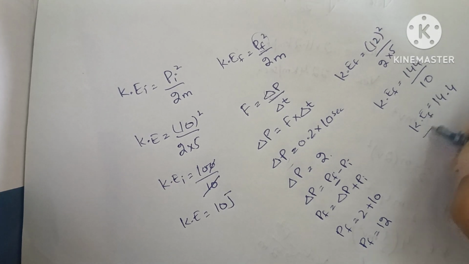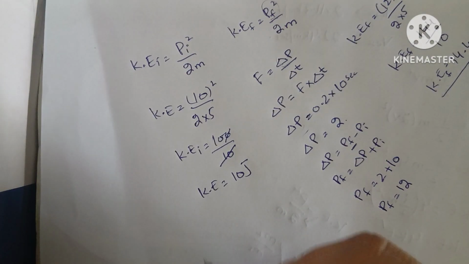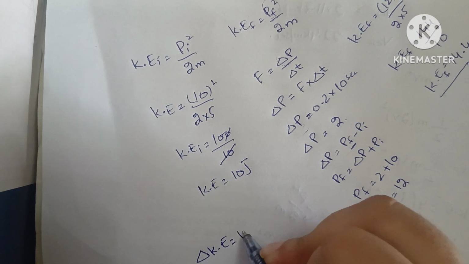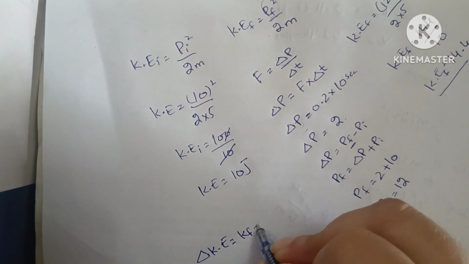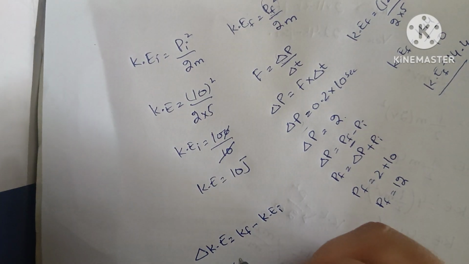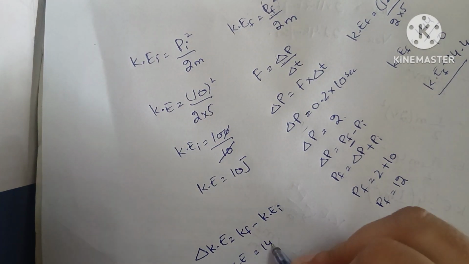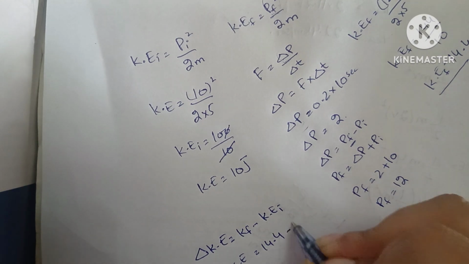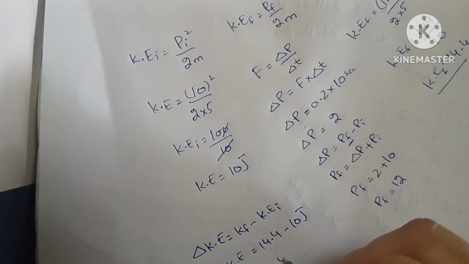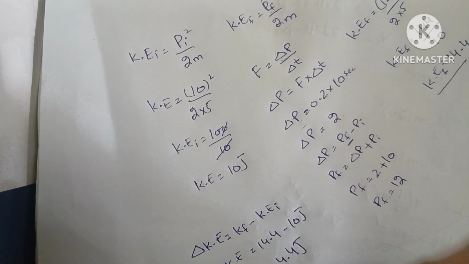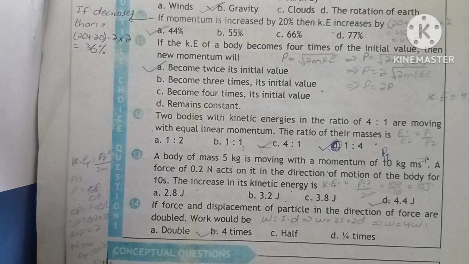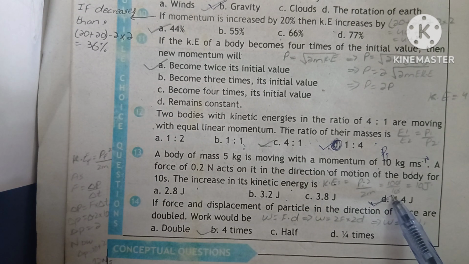Now we will find the change in kinetic energy, which is final kinetic energy minus initial kinetic energy. So 14.4 minus 10 joule equals 4.4 joule. So our answer, 4.4 joule, is the right option. So option D is the right option.